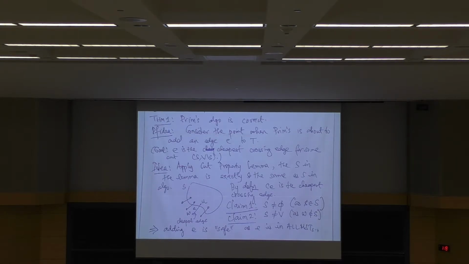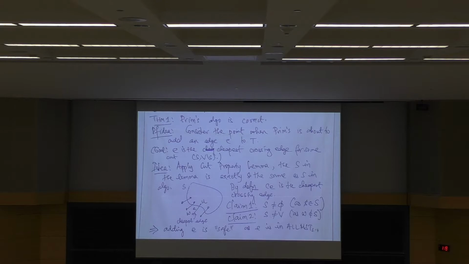All right, let's come back. Mehmet, you had a question? Right, so the question was, so what we have argued here is we're saying, look at the run of Prim's algorithm.